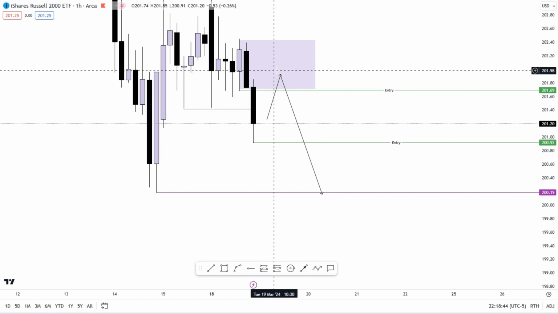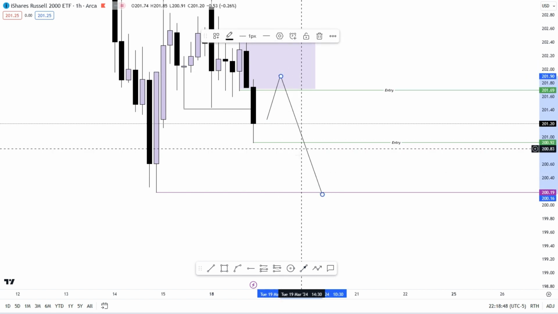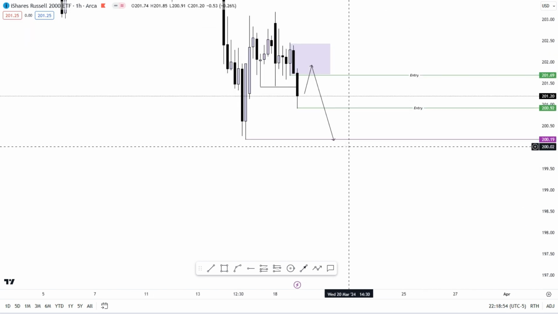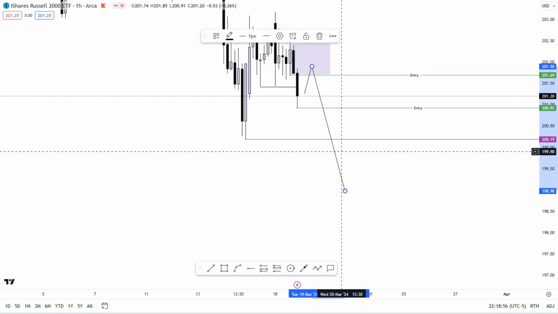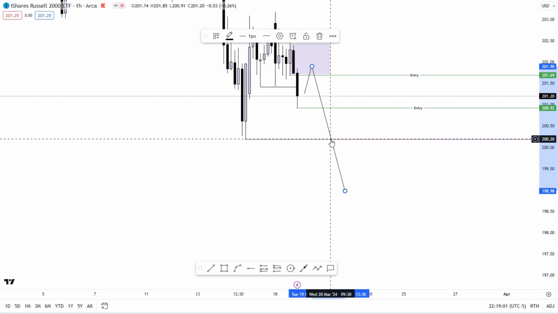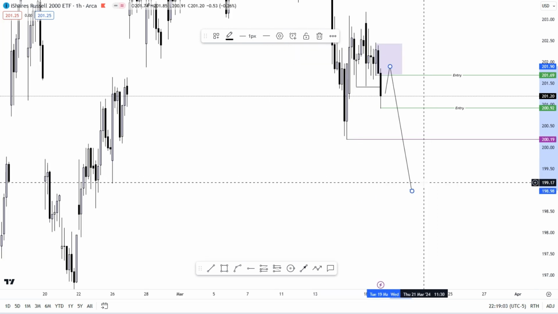And then you can even get fancier and have your first entry up here, add onto your position here, and then sell your final position here. Or, if it's going to keep going lower, sell 80% of your position here and leave maybe two more contracts to run.